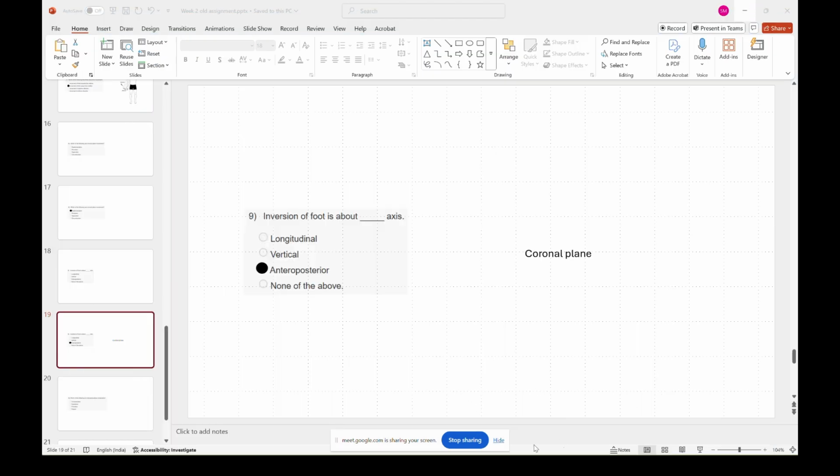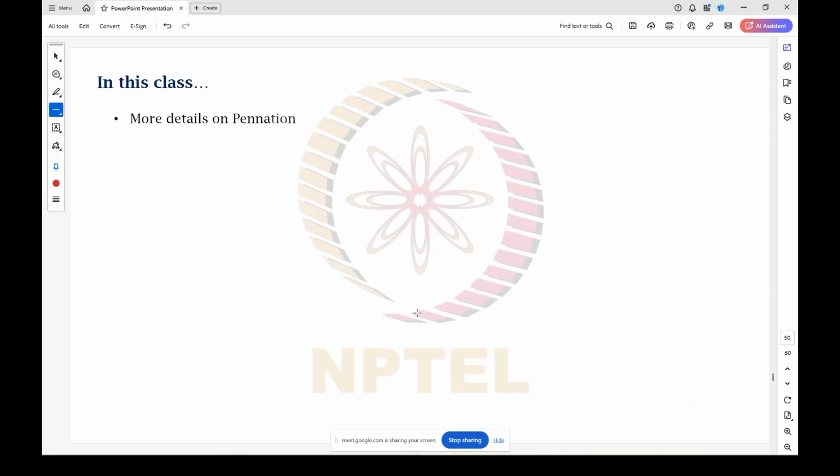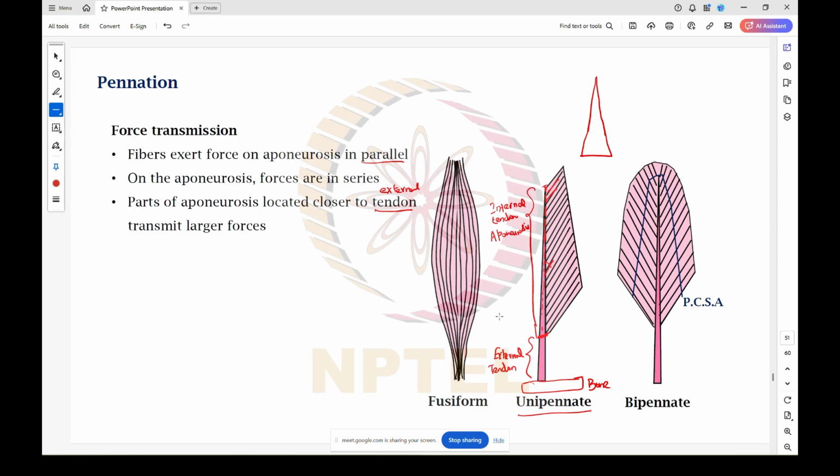So in a unipennate muscle, the angle will be this, that is formed between the aponeurosis and the muscle fiber.